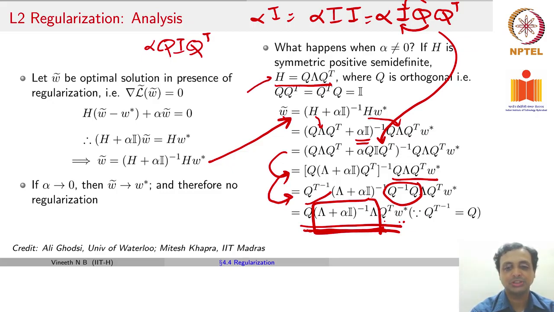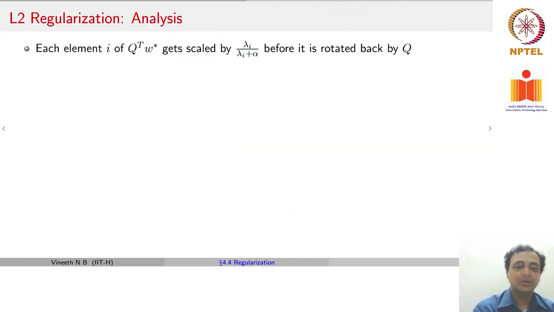Whenever you have a decomposition such as this, lambda will be a diagonal matrix. So you have (lambda plus alpha I) whole inverse lambda, and because lambda and I are diagonal matrices, you can now write this more succinctly: every element of Q transpose W star gets scaled by lambda_i by (lambda_i plus alpha).